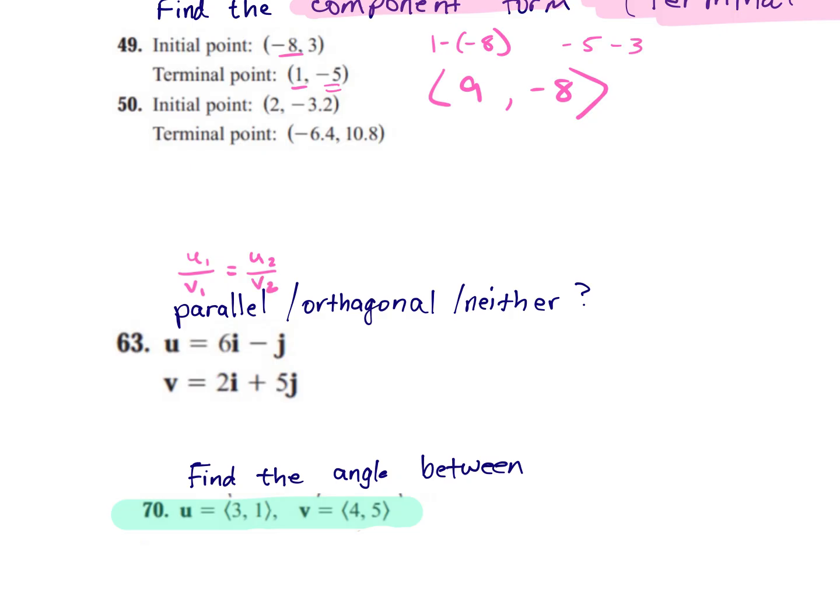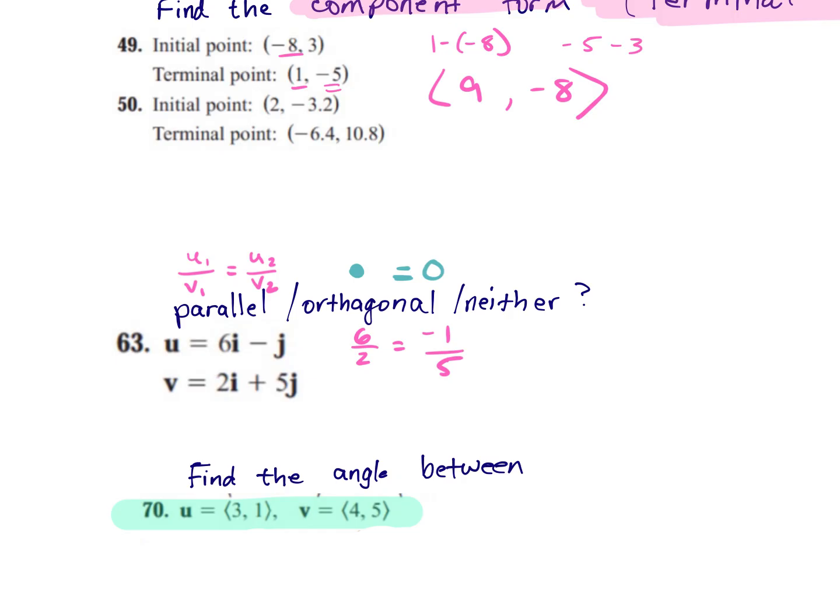If they're proportional, they'd be parallel. To test if it's orthogonal, the dot product has to equal 0. And if neither one of these is true, then it would be neither. So let's test to see if they're parallel first. So I could say 6 over 2 is equal to -1 over 5.